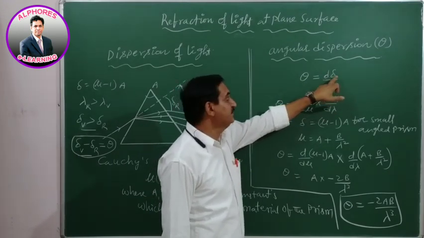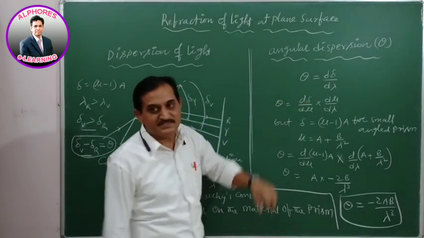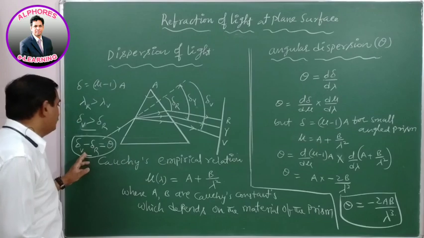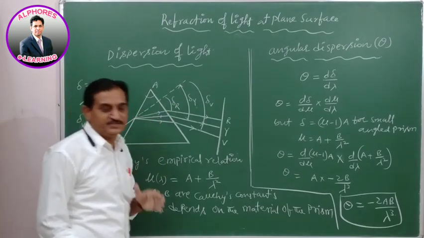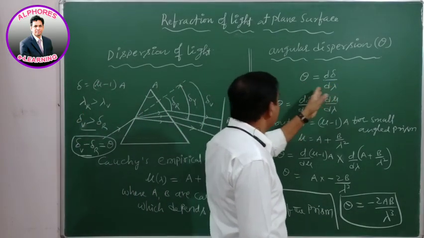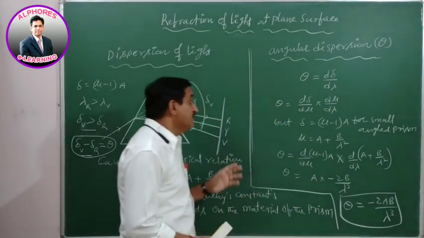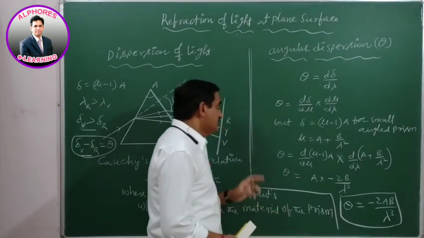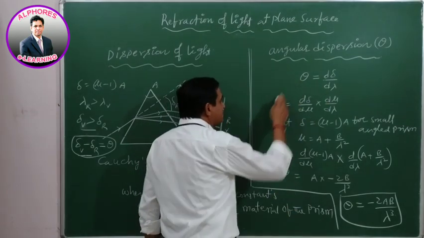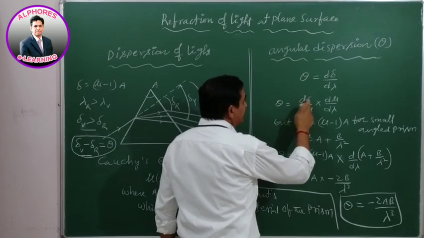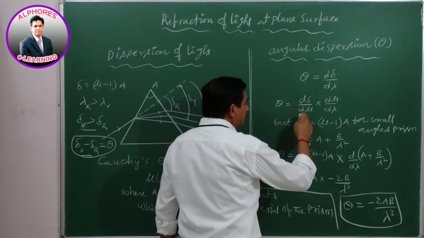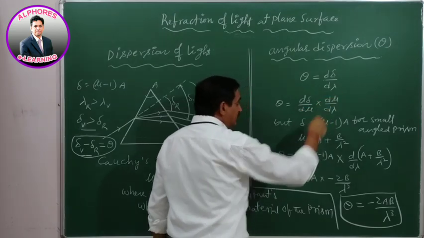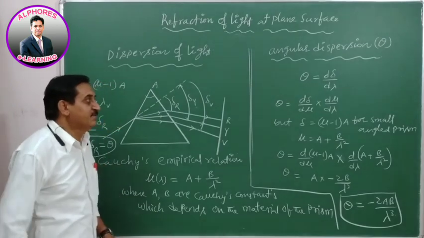So there are two definitions: this is one definition, this is another definition. This can be written as theta equal to d delta by d mu into d mu by d lambda. For our convenience, d mu gets cancelled, and again you get the same answer.